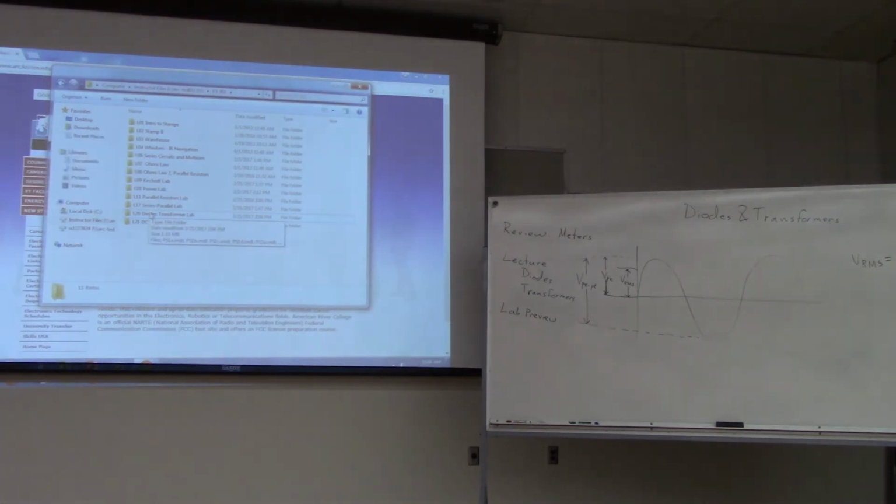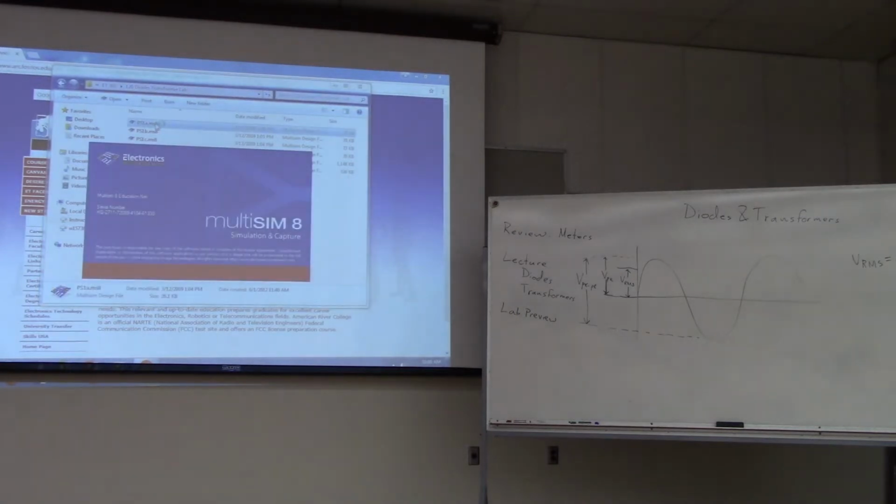So the first part of the lab is going to be in Multisim. You're going to get that from the ET302 folder and this folder that says L19 Diodes and Transformers. We're going to start with this first circuit, PS1A.